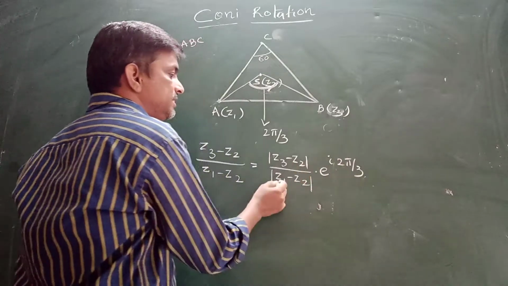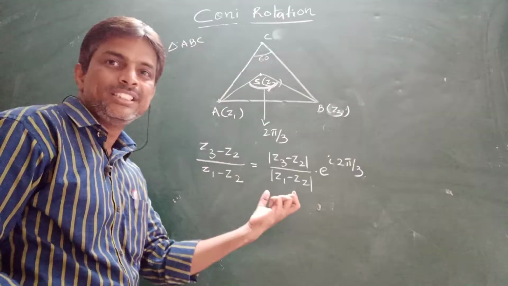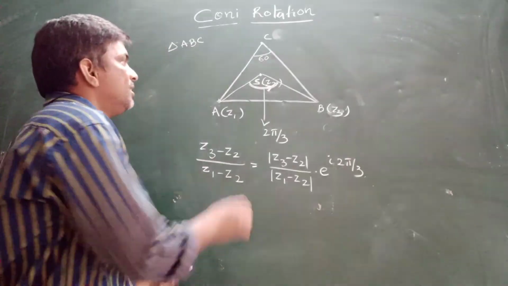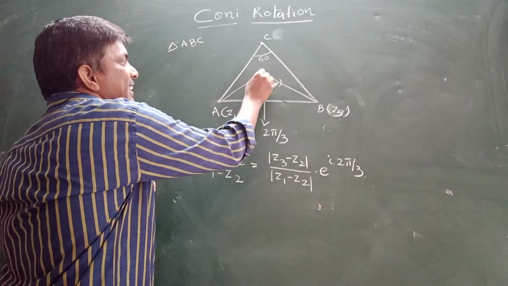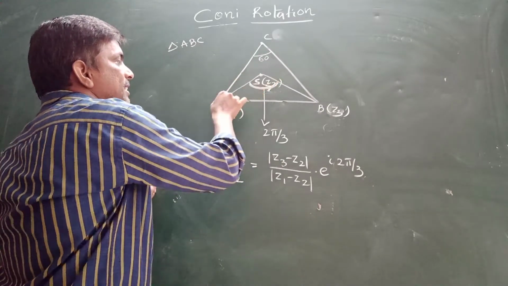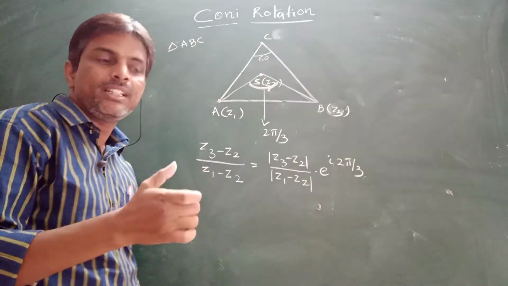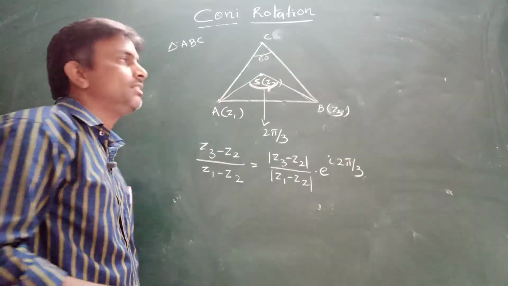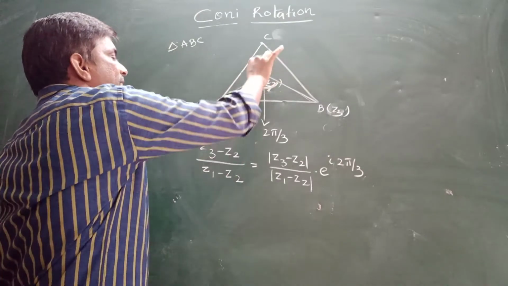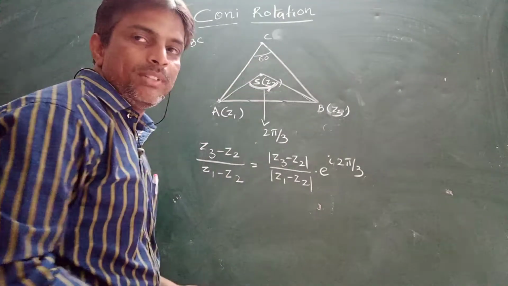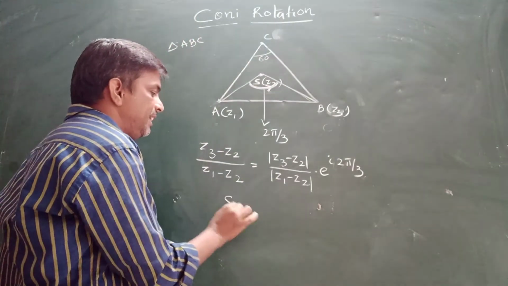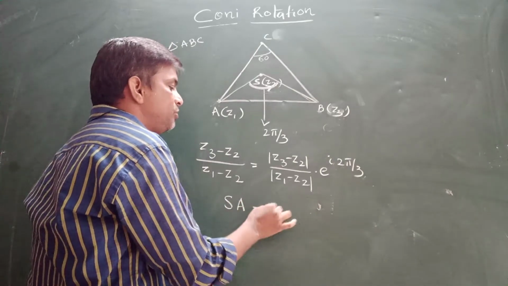Now here, what is Z1 minus Z2? It means the distance between the complex numbers Z1 and Z2. And we know this is the circumcenter and this is the circumradius. The circumcenter is equidistant from all three vertices of the triangle. So here SA and SB are circumradii, nothing but SA is equal to SB.